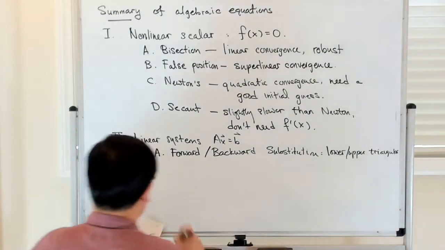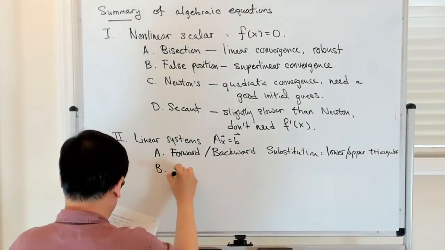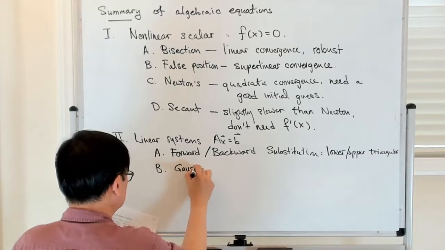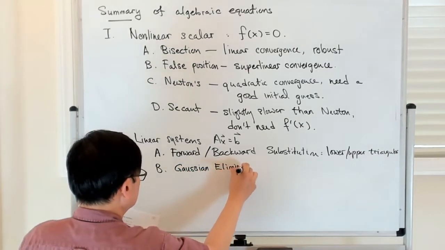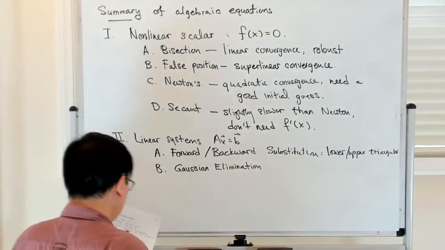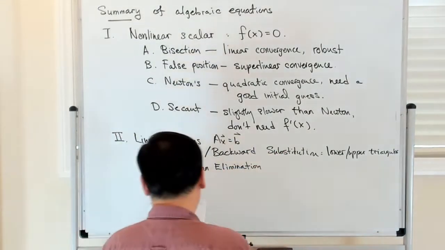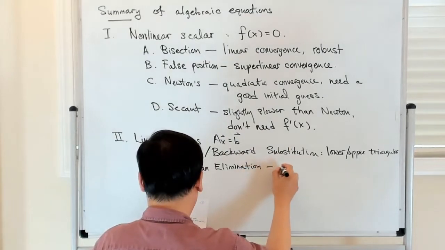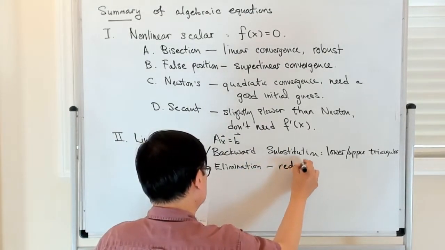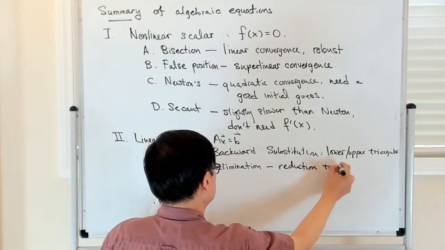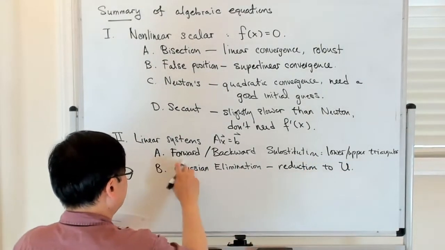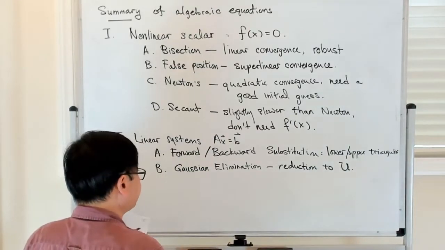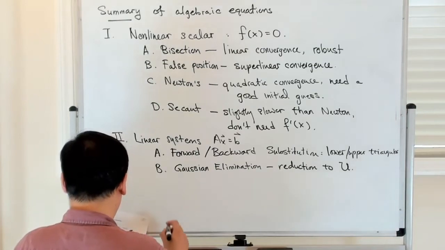Okay. Then the next thing we looked at was Gaussian elimination, where we use elementary row operations to reduce the matrix A into an upper triangular matrix. All right. And then once you've done that, then obviously you can apply backward substitution, for example, right?